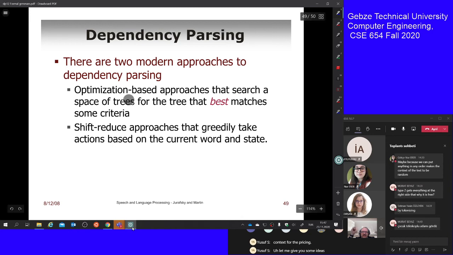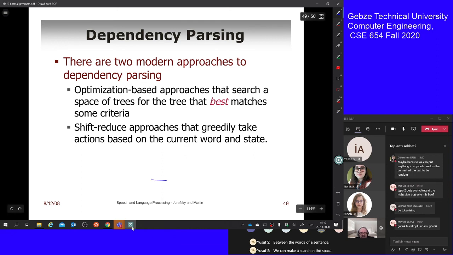The first one is the optimization-based approach. Since all we are doing is finding relationships between the words of a sentence, we can make a search in this space.